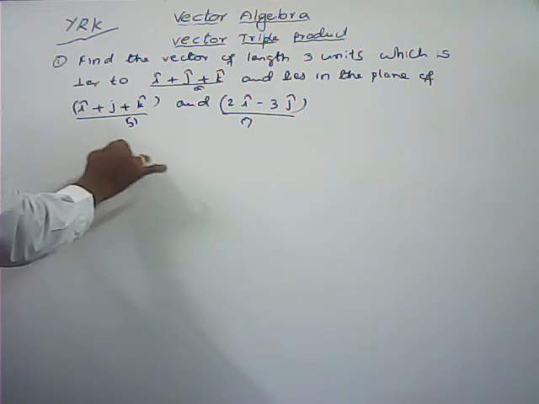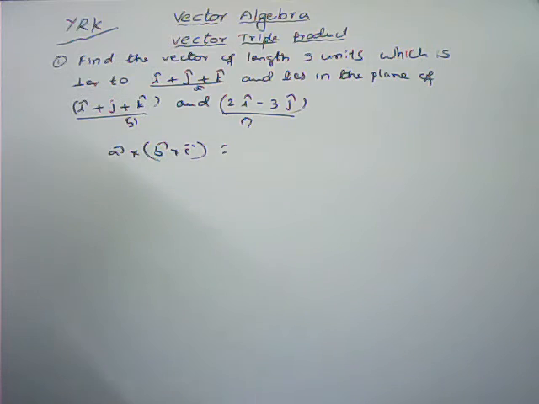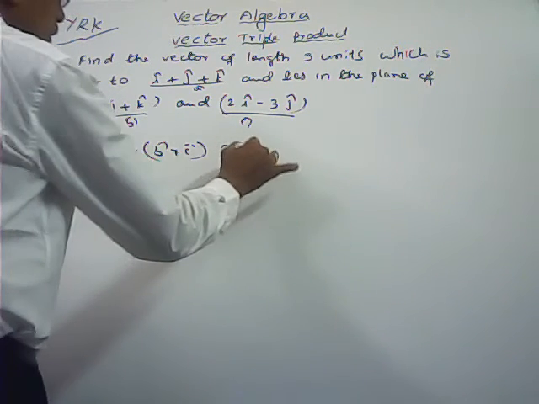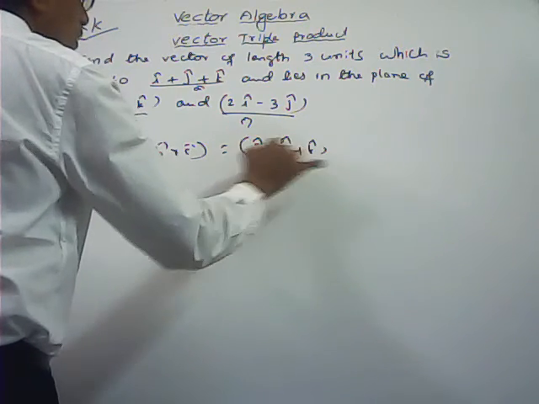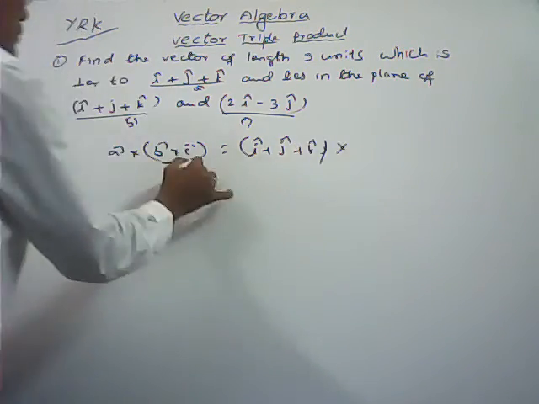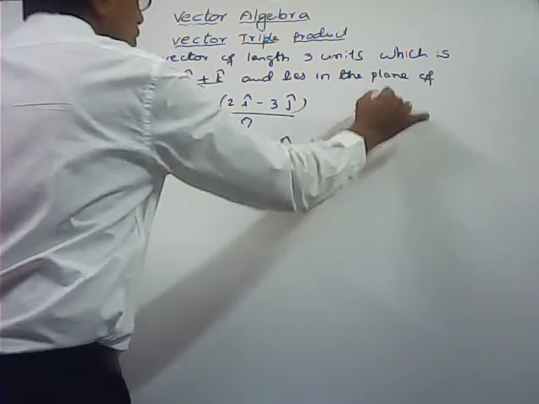So A bar cross B bar cross C bar is equal to A bar cross B bar cross C bar. You can find the cross product of these two. How to find the cross product?